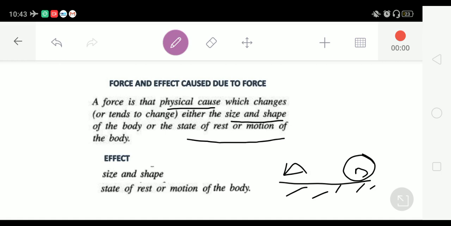This can happen only when a force is acting on a body. That means some force has acted on the body. So this is the first example when we can say that force has acted on a body.